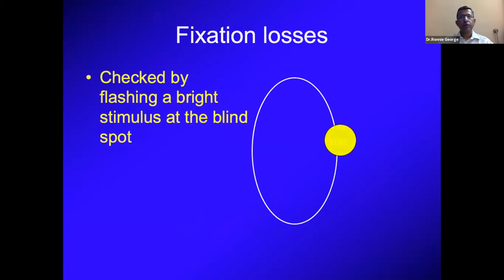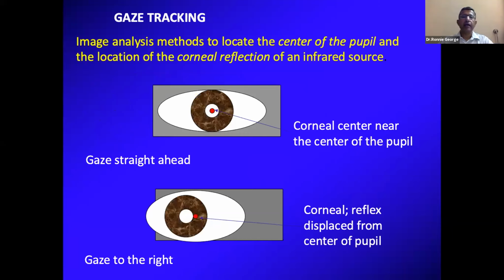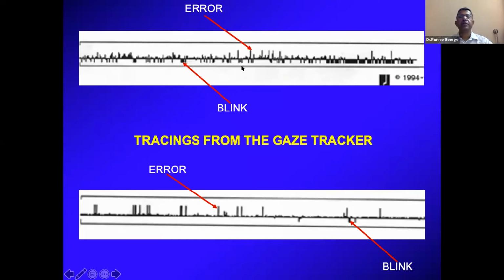There's also one more little bit, zone 2A, which I showed you, which is the gaze tracking. And the newer SITA Faster in fact uses only gaze tracking. What you have over here is, it looks at the corneal center, and it tracks the position of the corneal reflex and looks for displacement from the center and maps this all through the field. So what you get is this little worm at the bottom of the printout.